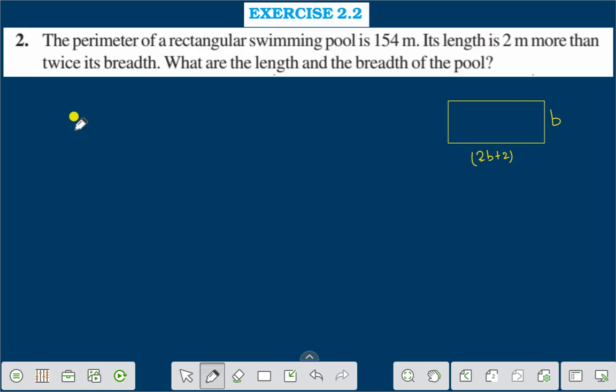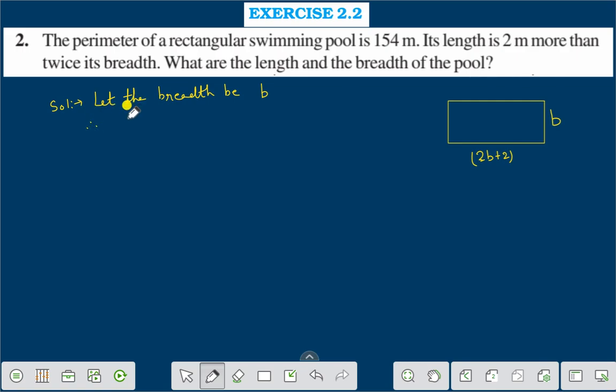Now, the solution will be like this. Let the breadth be b.